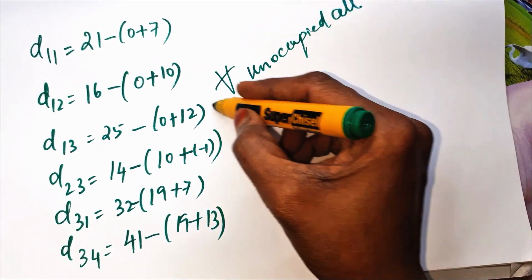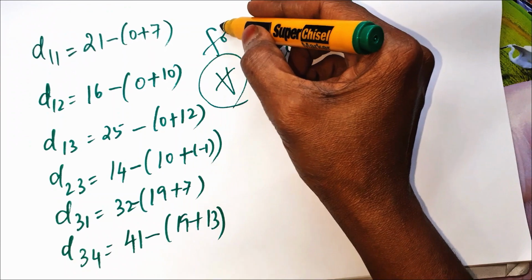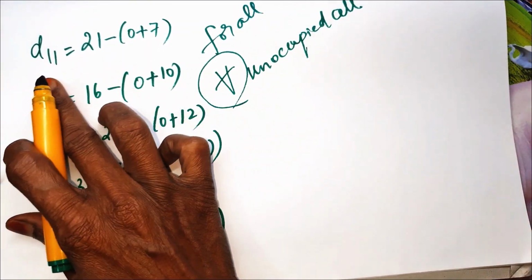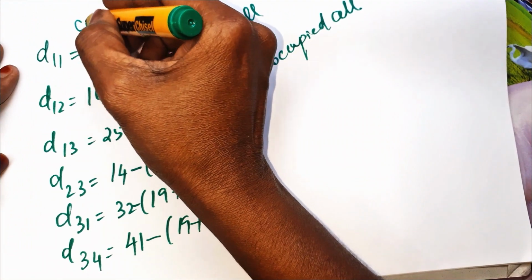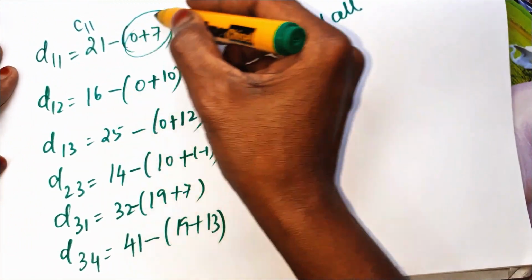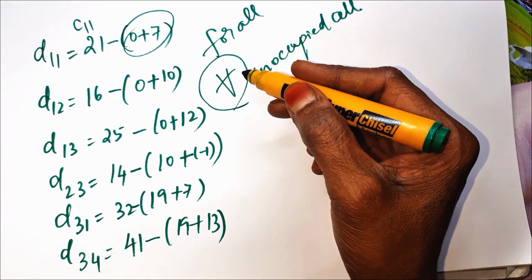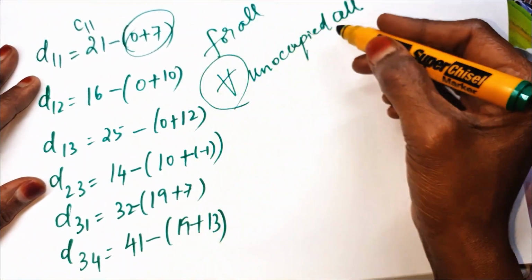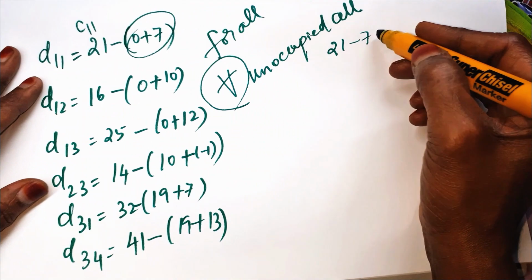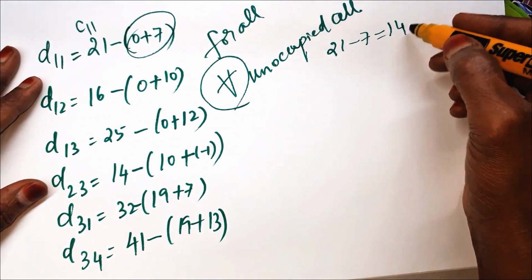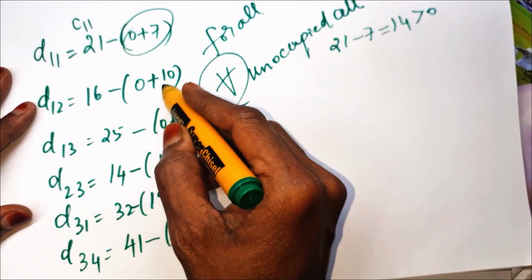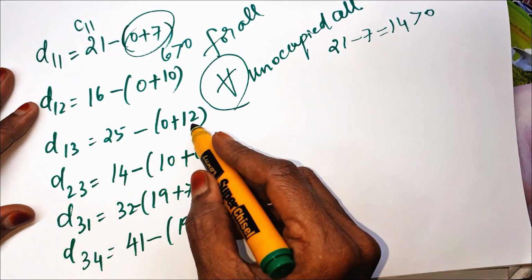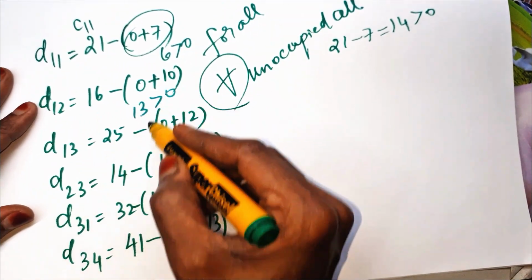For all unoccupied cells, we are going to find D11 equal to the cost C11 minus the corresponding (ui plus vj). So 21 minus (0 plus 7), so 21 minus 7 which is equal to 14, which is greater than 0. 16 minus 10 which is 6, also greater than 0. 25 minus 12, 13, greater than 0.